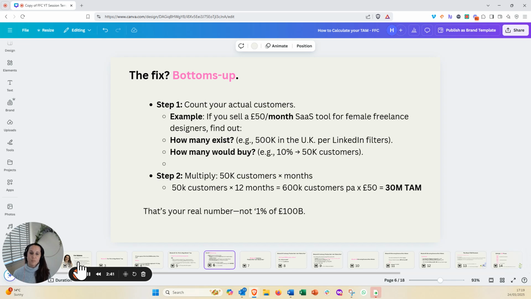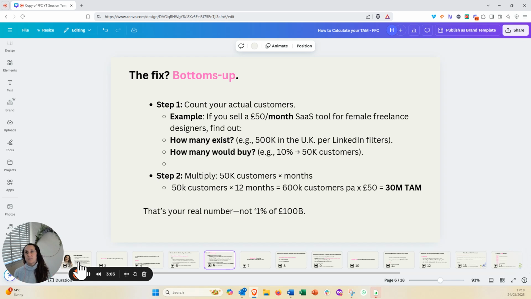And so step one would be to count your actual customers. So for example, with this SaaS tool that's targeting female freelancers, say you're selling a £50 recurring revenue product, how many of those females actually exist in the market?